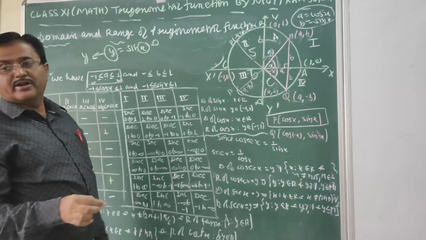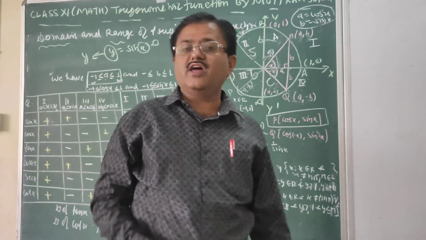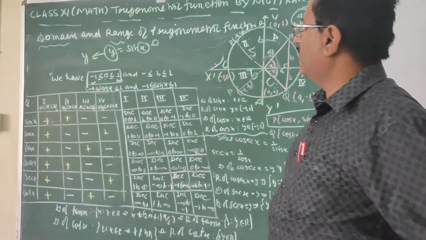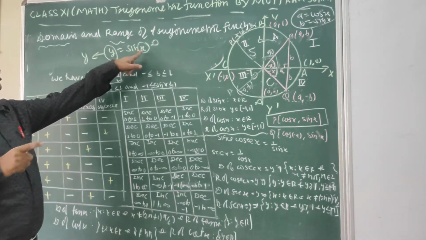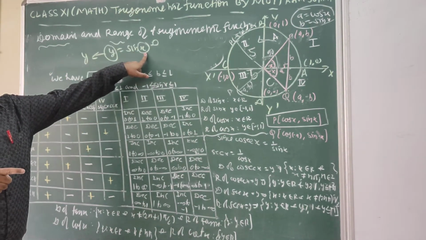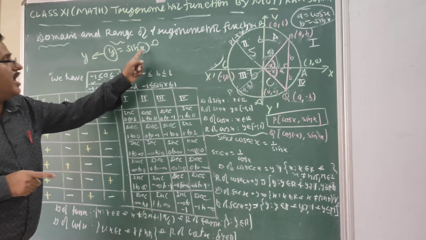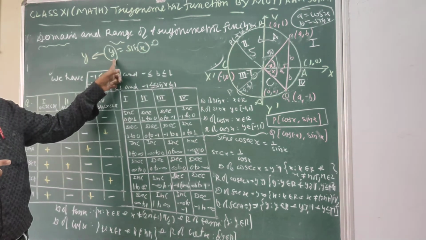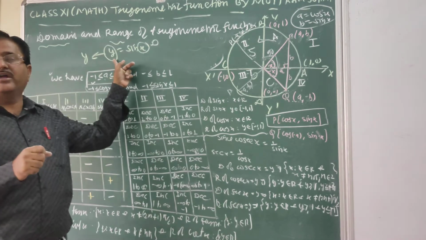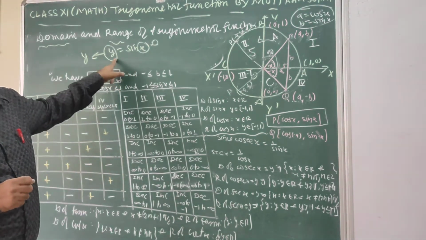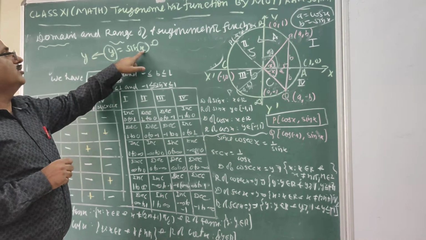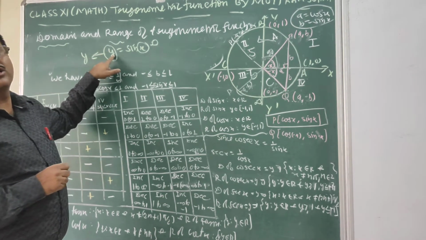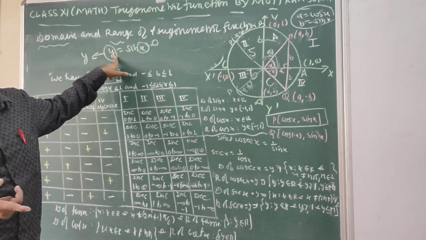That is the range. Now how can we find domain and range of a function? If you put any value of x here, y should also be real and defined, which means we get a corresponding real value of y.